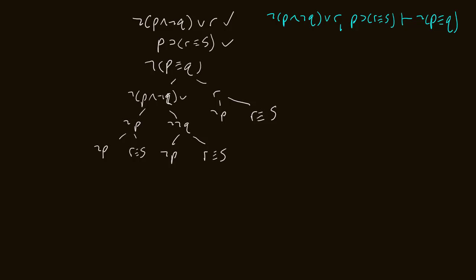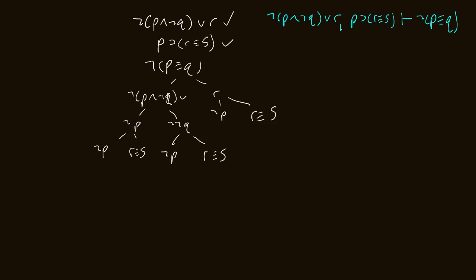The only thing we can do now is expand our R if and only if S's. And we can also expand our conclusion. Now, I see a way to do this quickly. So I'm going to expand our conclusion, not P if and only if Q, and I'm going to do that to the leftmost branch. So not P if and only if Q. It's going to be a lot.